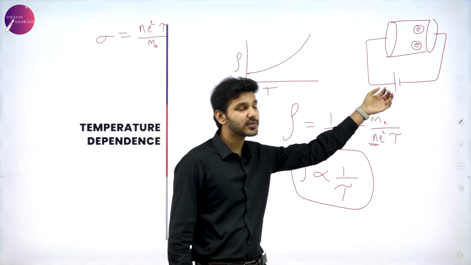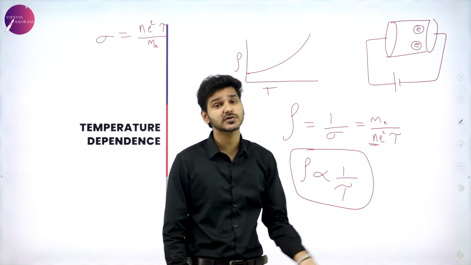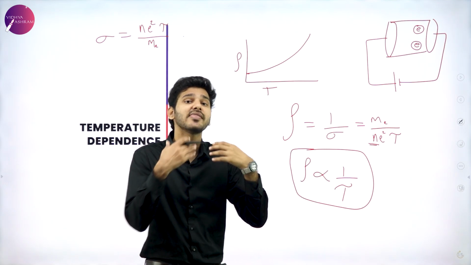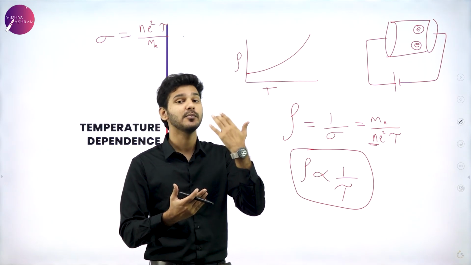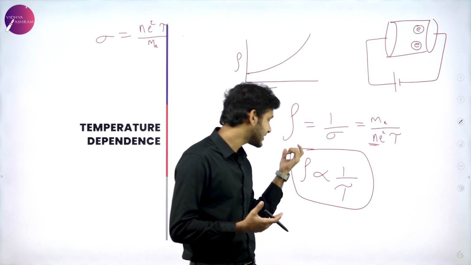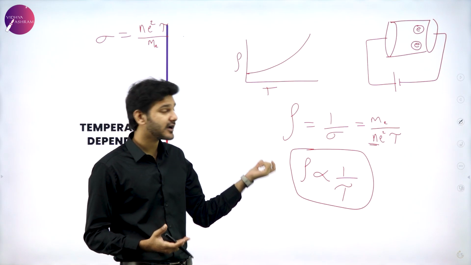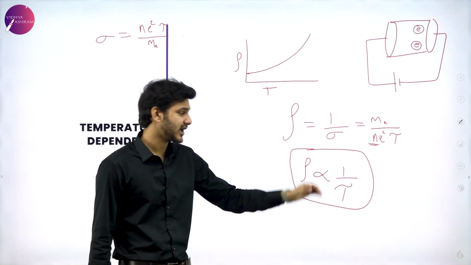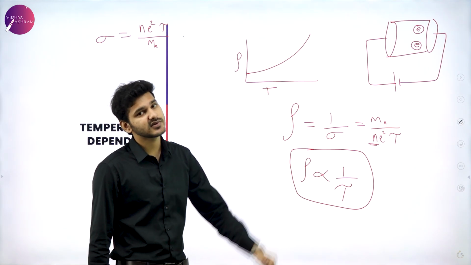So as heat is supplied to that system, these electrons will absorb that heat and move even faster, meaning that the collisions will be happening frequently, which means that resistivity will be going up because they are inversely related. So as tau decreases, resistivity increases.